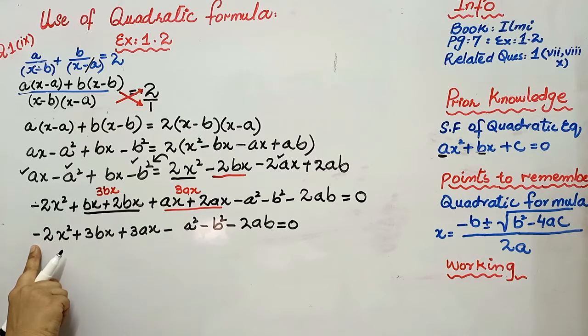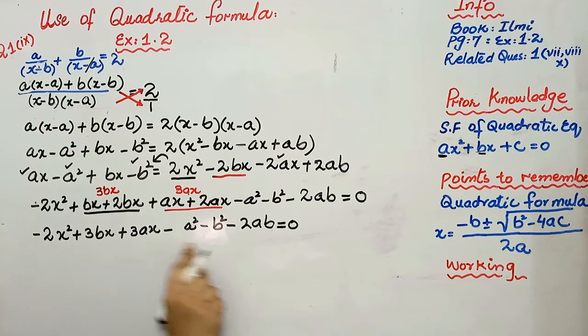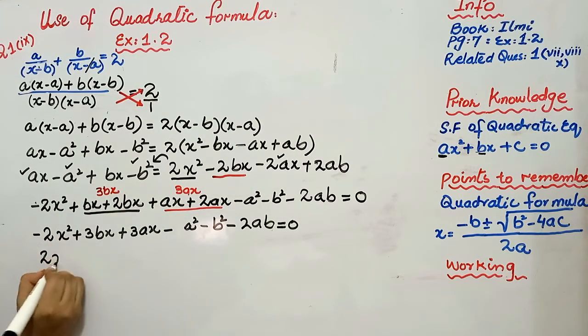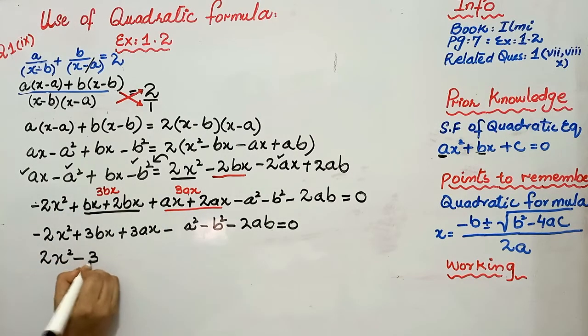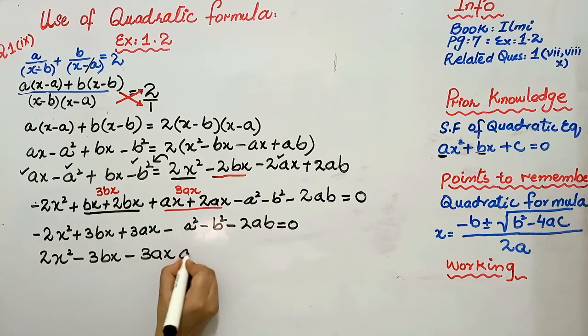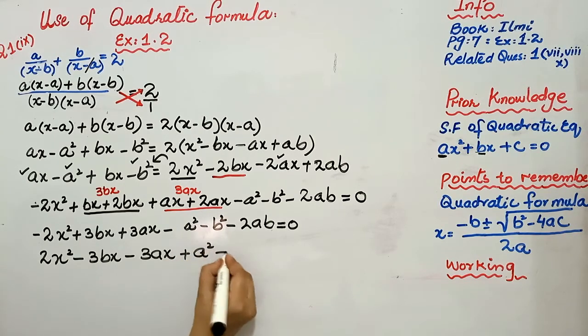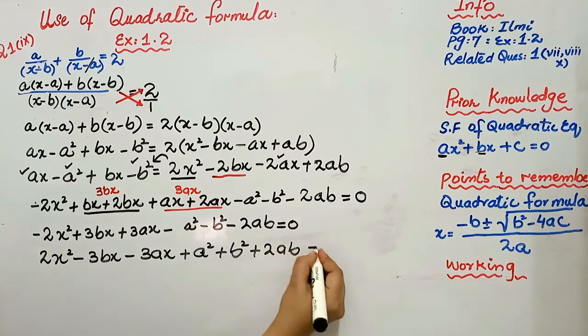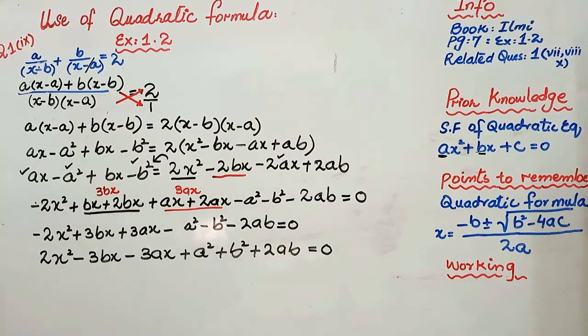For making it positive, I need to multiply the whole expression, left side and right side, by minus 1. So it will be 2x square minus 3bx minus 3ax plus a square plus b square plus 2ab is equal to 0.